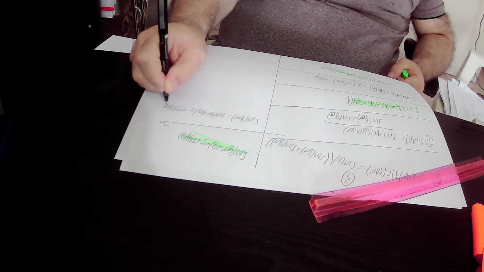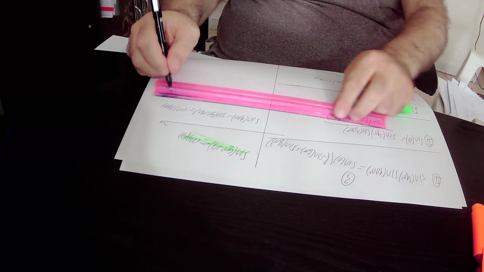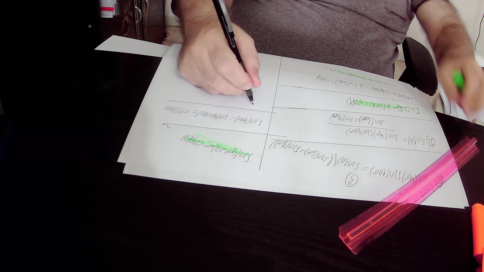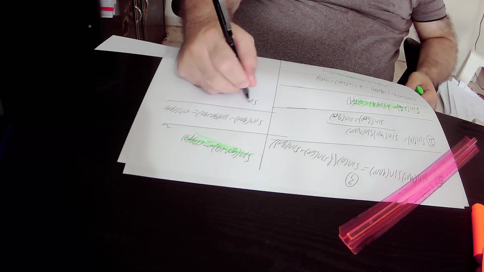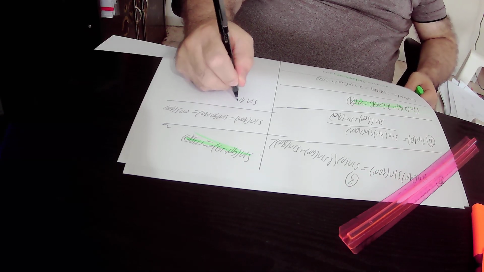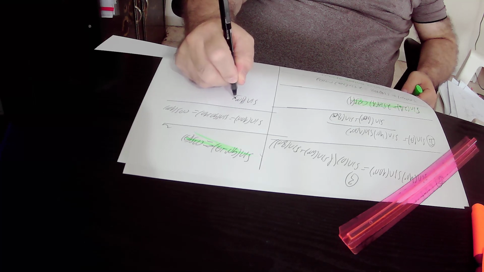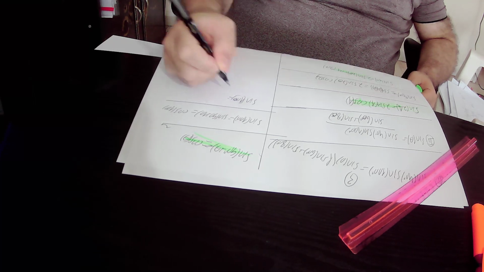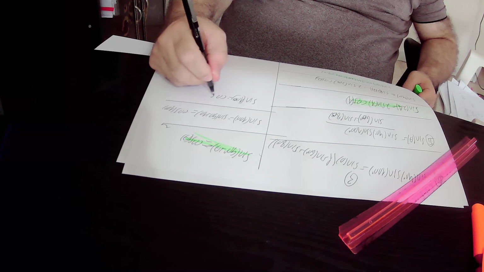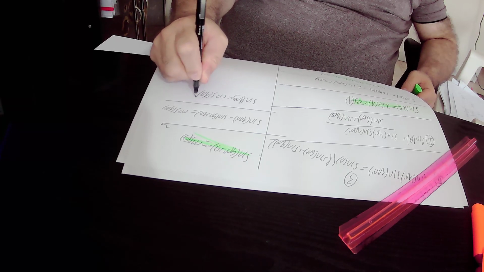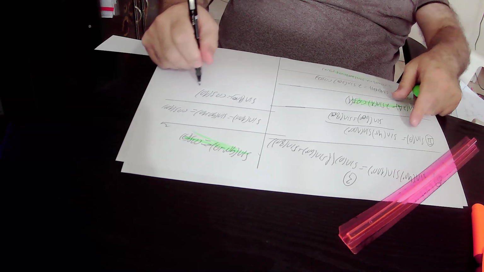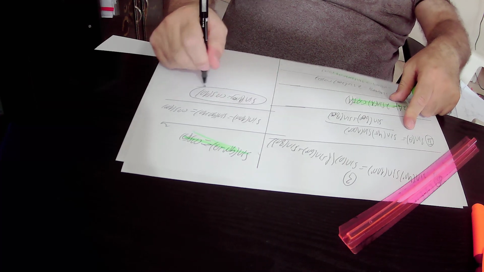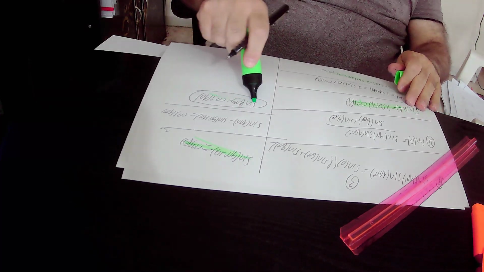So in conclusion, we found out that sinus 100 degrees equals to cosine 10 degrees. So we can substitute sinus 100 degrees in equation number 2 by cosine 10 degrees.